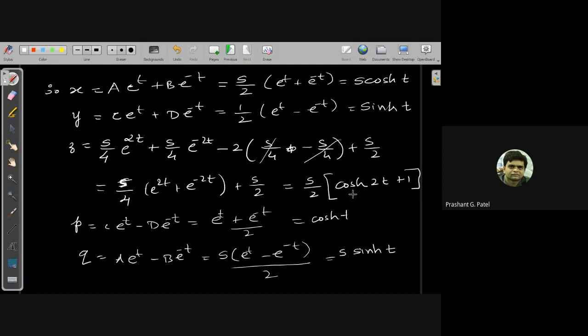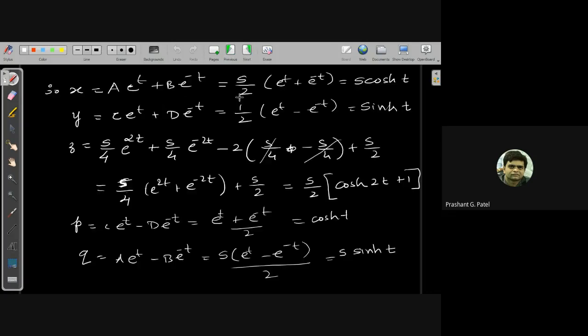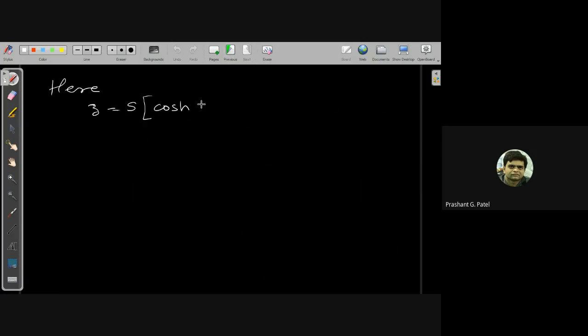So what to do? Here z is equal to S into cos hyperbolic of 2t plus 1. We have to express this quantity in terms of x and y.